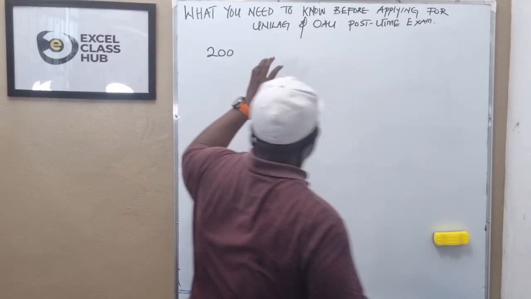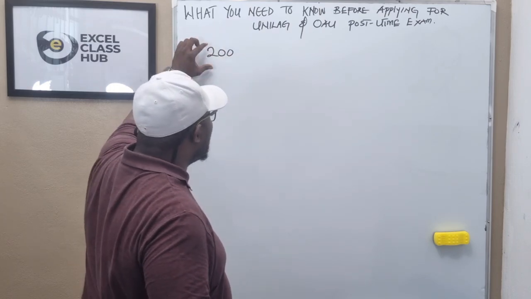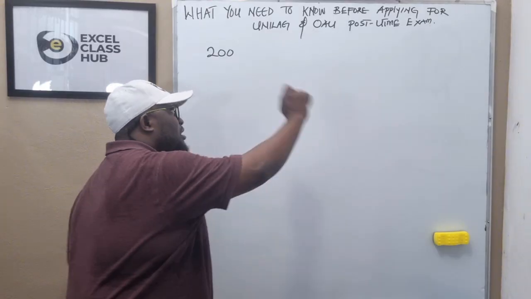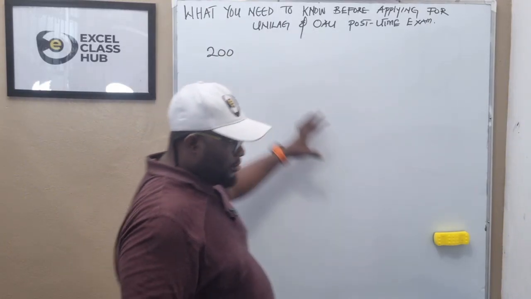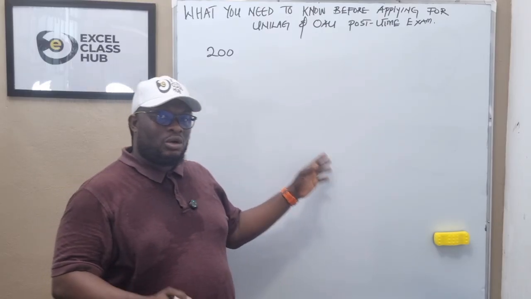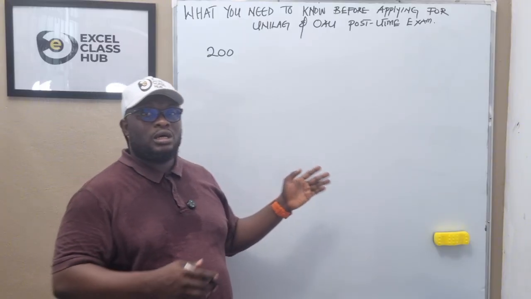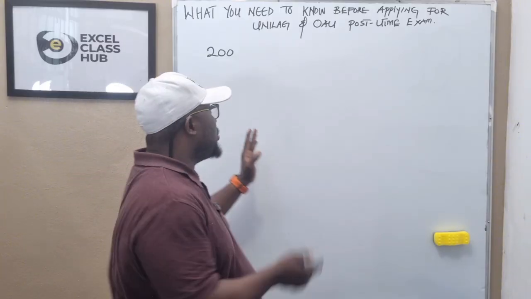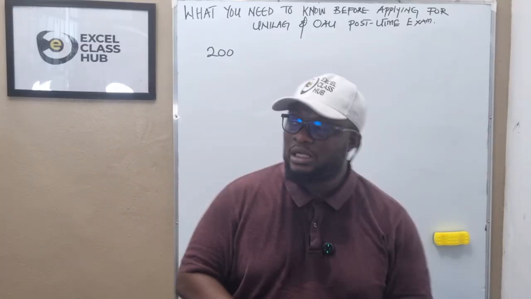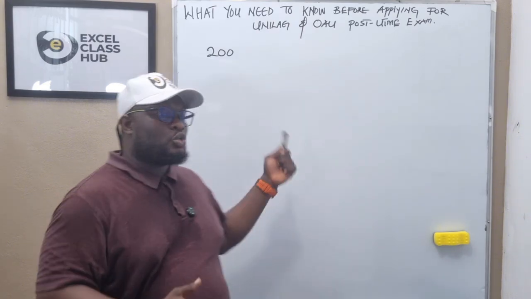I'm afraid the Unilag and OAU cutoff mark, the mark that qualifies you to apply for their post-UTME, is 200. Will 200 qualify you to gain admission for medicine or law? No. But 200 can give you admission into other courses. We are going to analyze them in this video so that you will know which course you can gain admission with 200 marks.